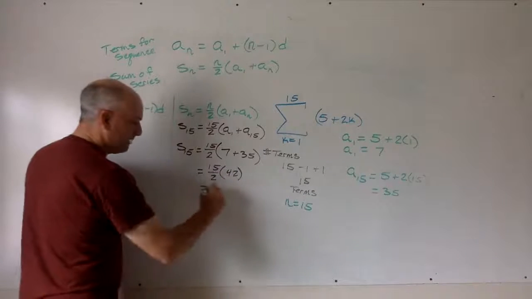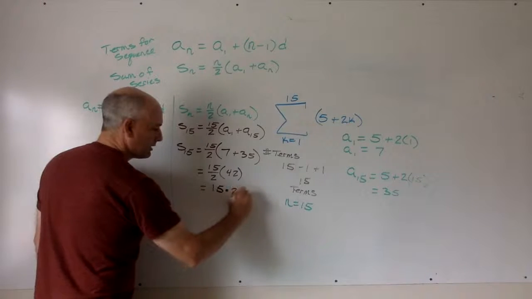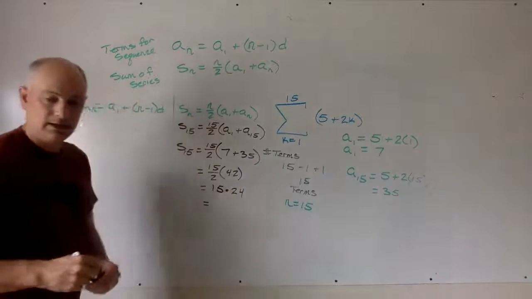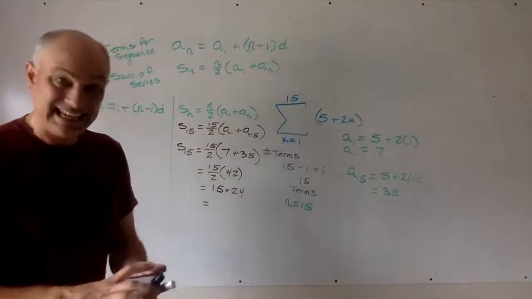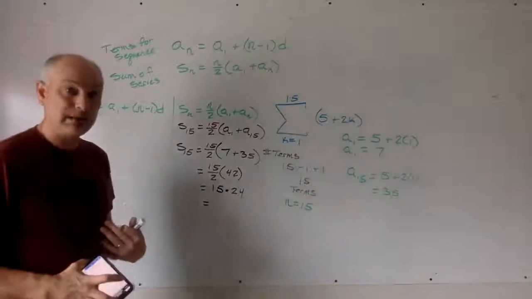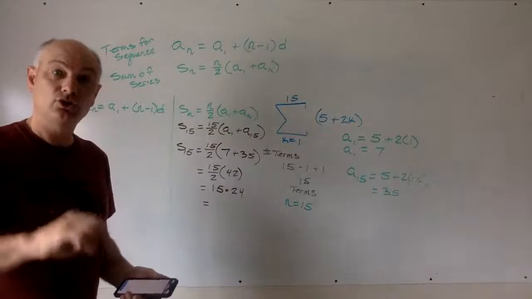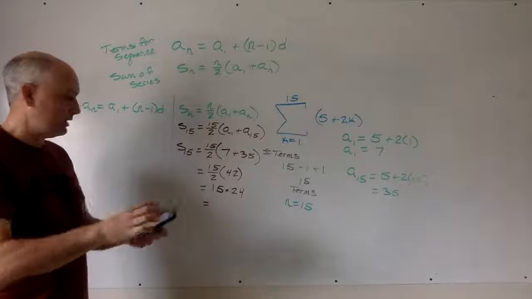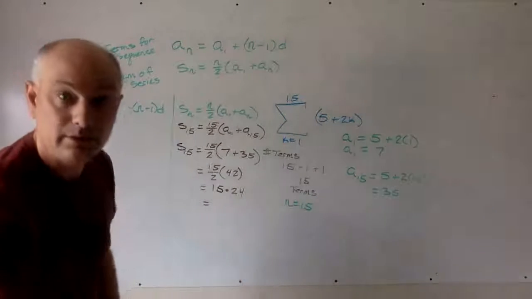So 42 divided by 2, that's going to be 24. Now this one is set to work out perfectly here. Again, if you've got some that have decimals, it would probably designate what to round it to. I would make sure of that. But in any case, default to fraction form when needed. So 15 times 24, and we got 360.